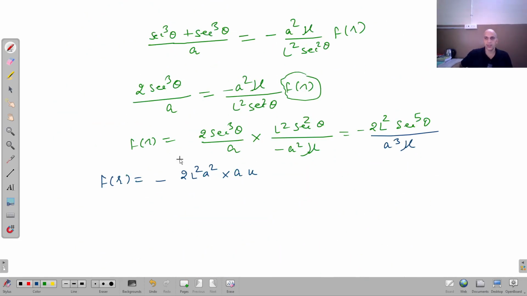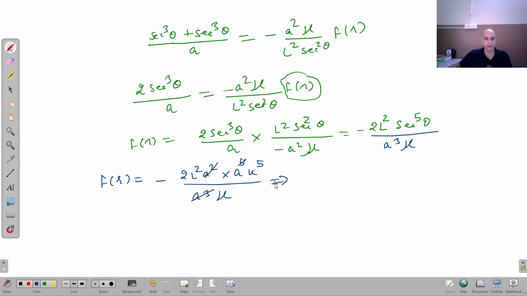So secant power 5 is a power 5 into u power 5, divided by what I have, a cube mu. So a power cancelled, and u power 5 remains.